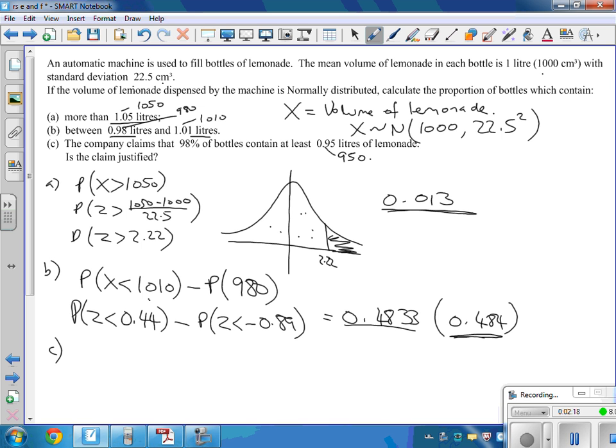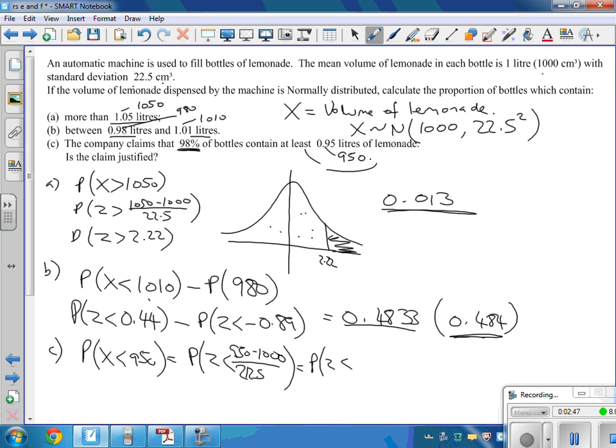Part C, a couple of ways you can do Part C. You can either take the 98% and work backwards to see what value it would be, or I'm just going to do the same thing again. The probability that X is lower than 950, let's just go for that. The probability that X is lower than 950 is the probability that Z is lower than 950, take away the mean, divided by the standard deviation.